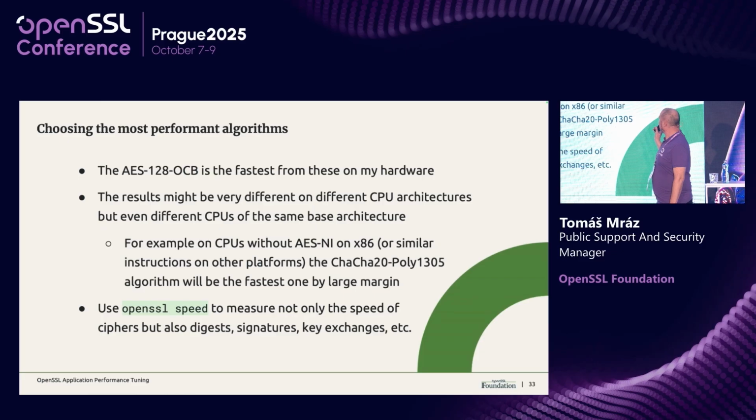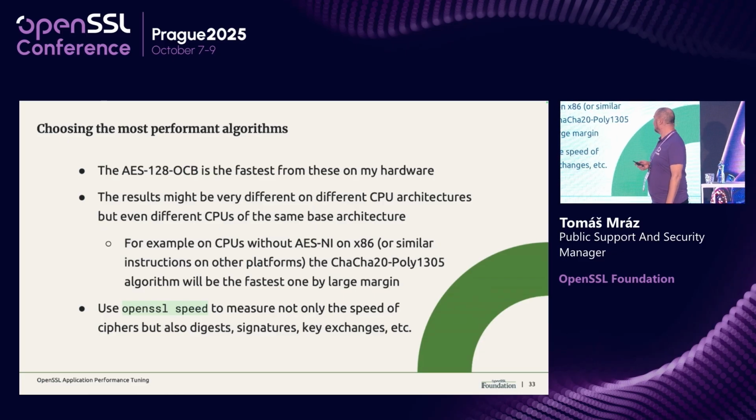If it did not support the hardware, if it did not support AES-NI, most likely ChaCha20-Poly1305 would be fastest by a large margin. So you need to actually test on your concrete hardware, but that's what I would recommend.